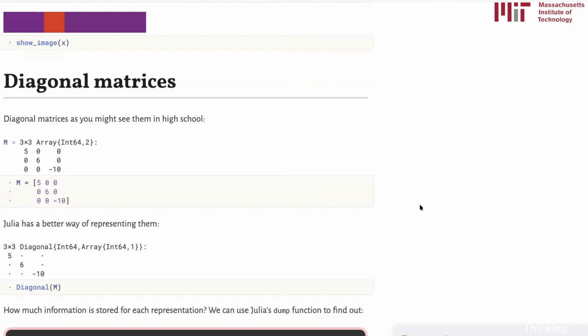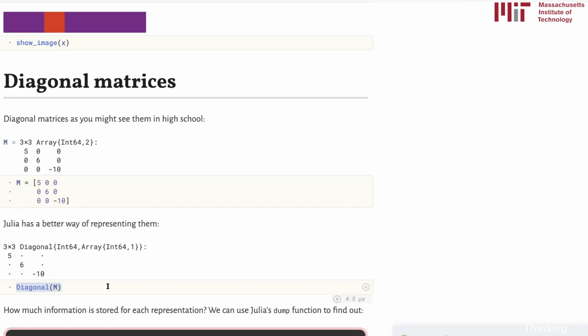So let's talk about diagonal matrices. Okay, so here's a 3 by 3 diagonal matrix. If you saw diagonal matrices in high school, you might have written it out with all the zeros. So here's a diagonal matrix. 5, 6, and minus 10 are on the diagonal. Okay, so there's your matrix M. But here, what I'm going to do is tell Julia to convert it to a diagonal matrix.